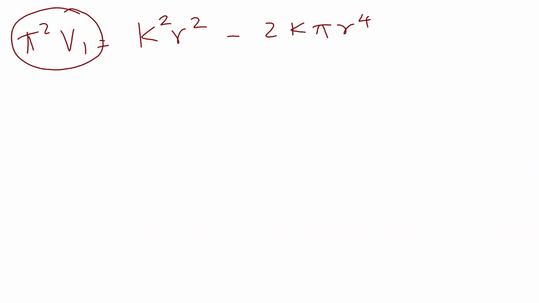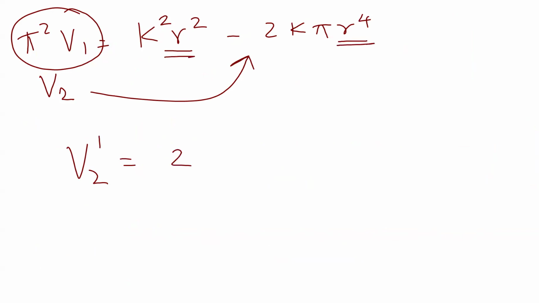Now this I will take as V2. Now there is no further scope for simplification. So V2 dash will be, K is a constant, so we are differentiating with respect to R. 2K square R. The derivative of R square is 2R. Minus the derivative of R raised to 4 is 4R cube.